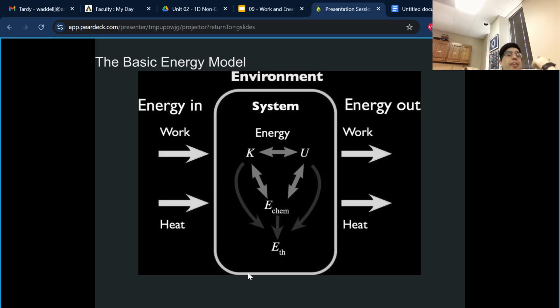There's nothing that tells you what you have to choose for your system. You get to choose your system and put the dividing lines of what's going to be inside and what's going to be outside. And that could be all the way down to a single particle or the entire universe. Right? So at some point, you have to make some sort of call.